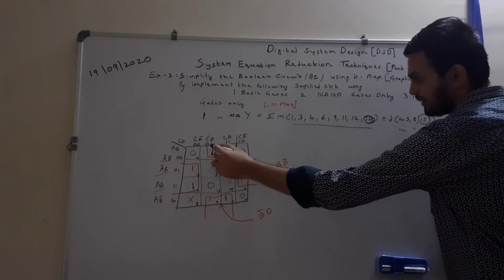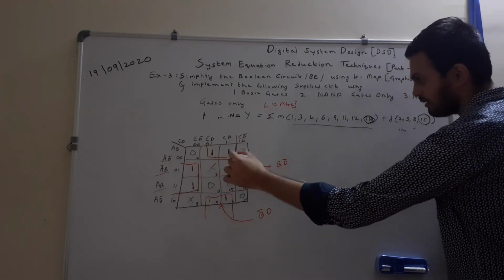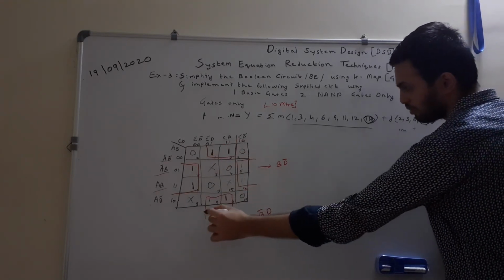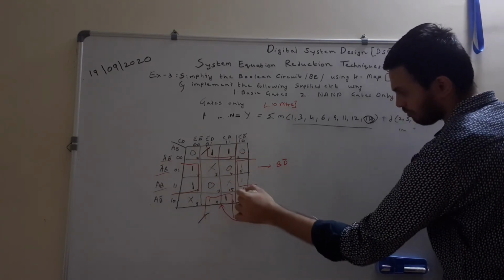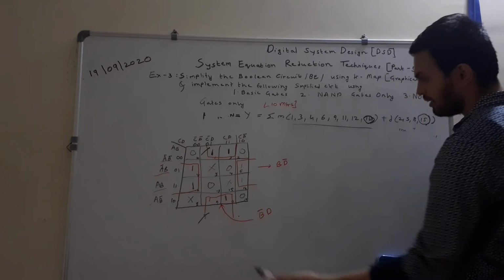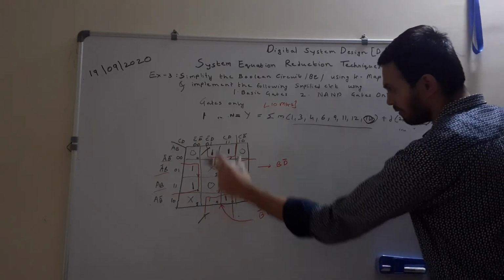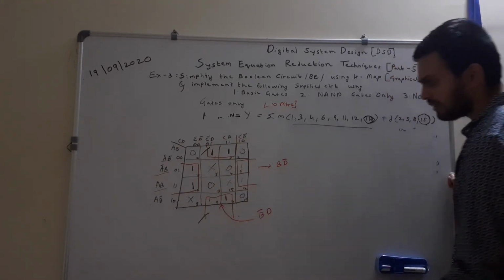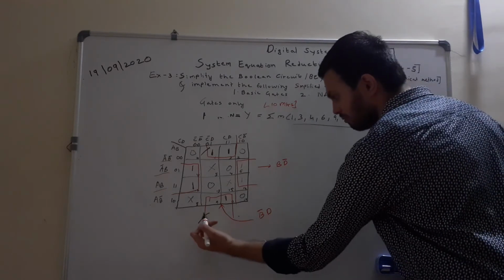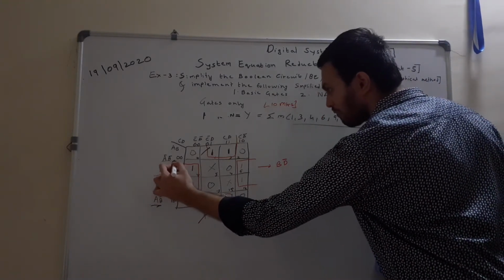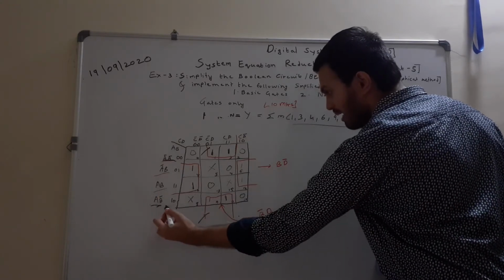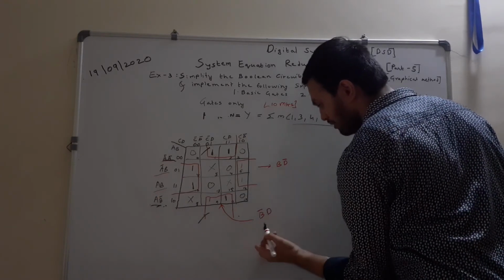As you can see, this part in red, these two, this one and this one, this group of 4 ones forms a quad. Now how are we going to read this quad value? We read the two row values corresponding to the quad: A bar B bar and A B bar, out of which B bar remains constant.